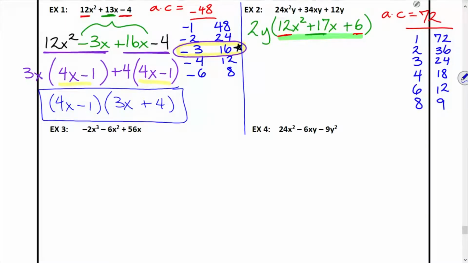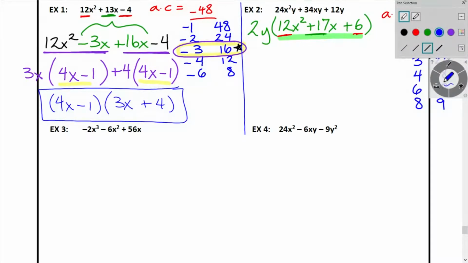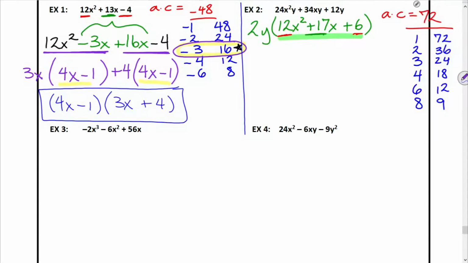You can take the number 72 and divide by 1, 2, 3, 4, 5, 6, 7, 8 until you start to get numbers that are close to the ones you're dividing by. That'll help a little bit. Now, is there a pair that adds together to be 17? And the answer is yeah. 8 and 9 multiply to be that a times c number, 72, and they add to be 17.